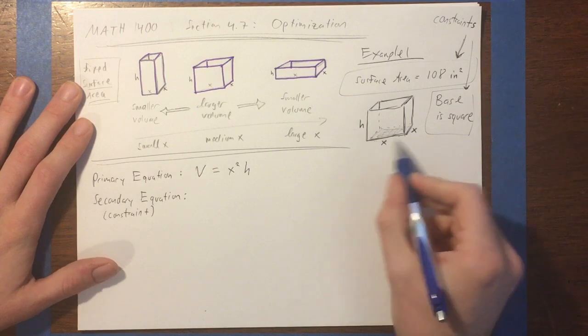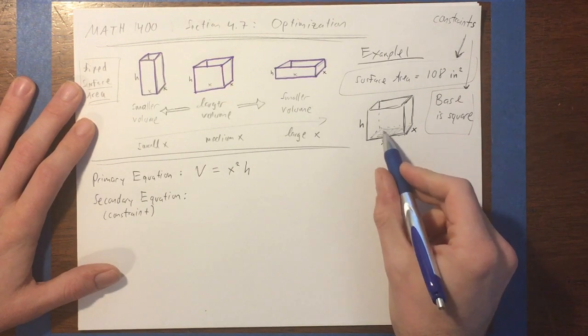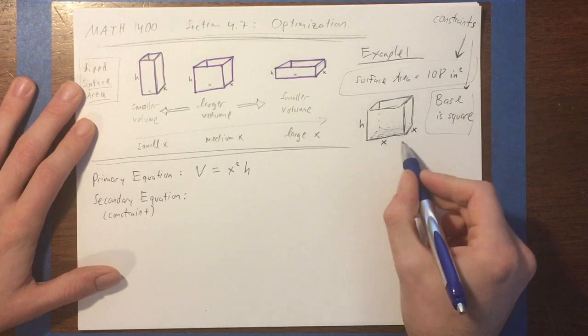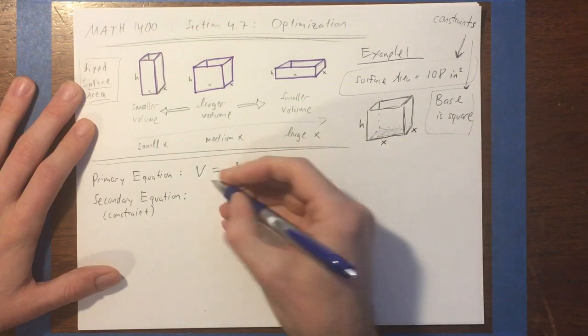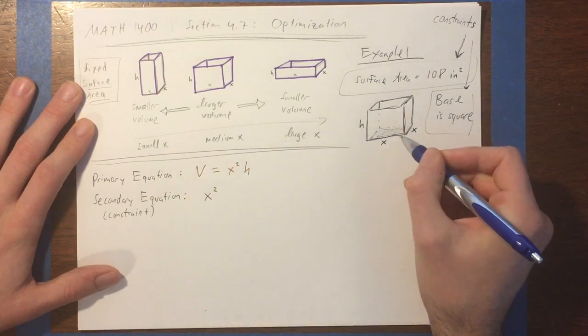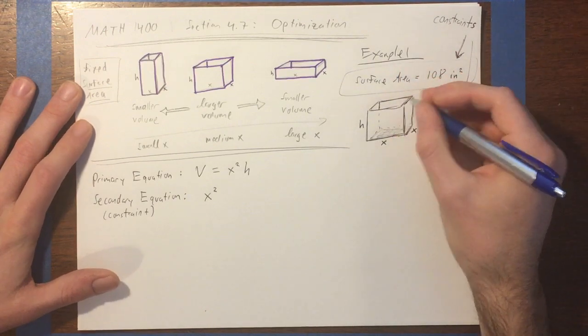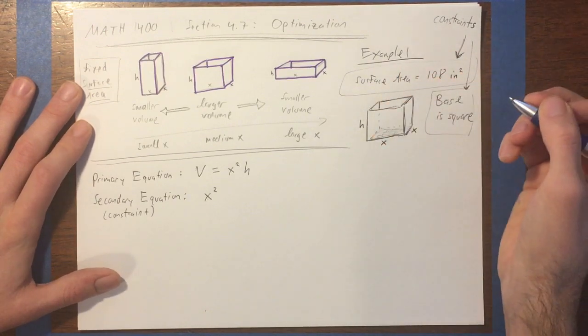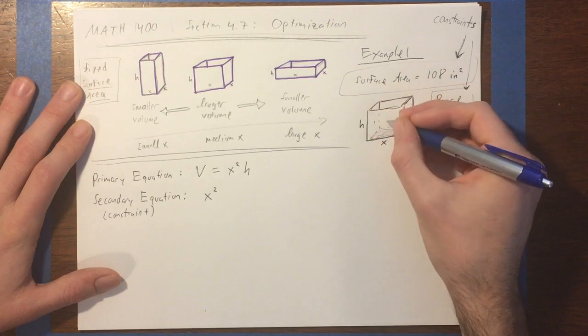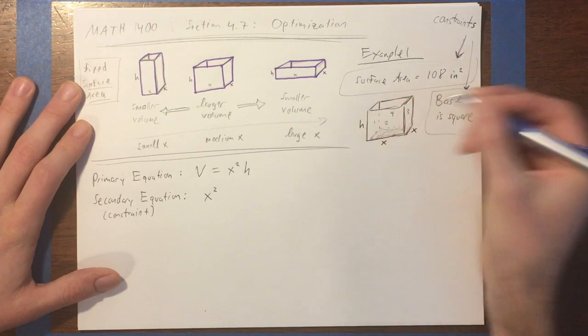So let's write a second equation to calculate surface area. We're going to have the base, which is going to be x squared. x times x will give us the area of the base. And then you've got the four sides, because there's no top. This is a box without a top. So we just have 1, 2, 3, 4 different sides.